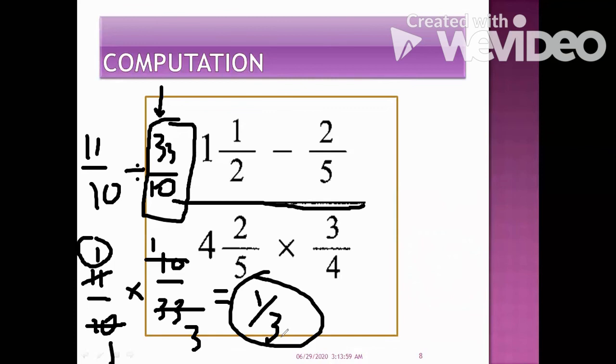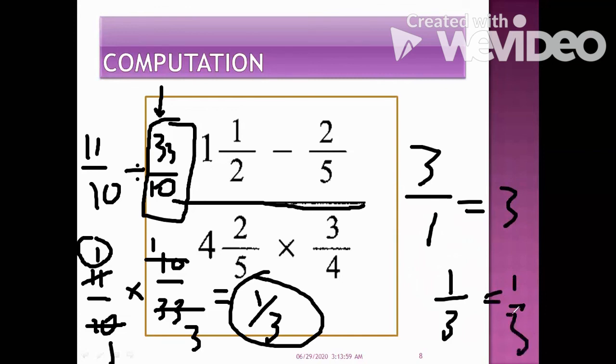And if you have a 1 up here, you don't ignore it. You ignore the 1 when it is a denominator. For example, if you have 3 over 1, that is just 3. But if you have 1 over 3, it's 1 over 3.